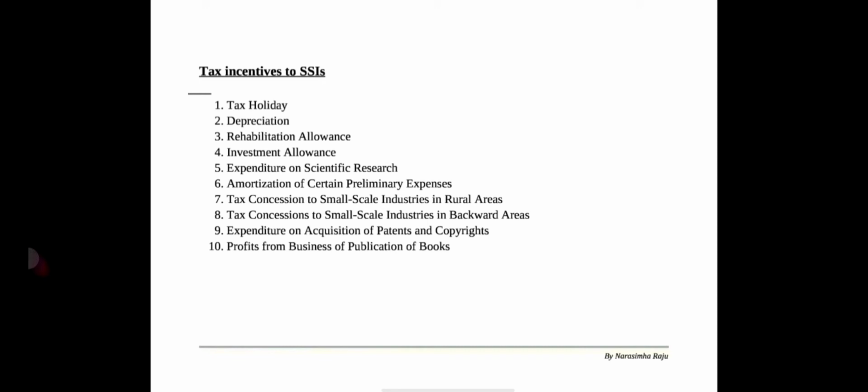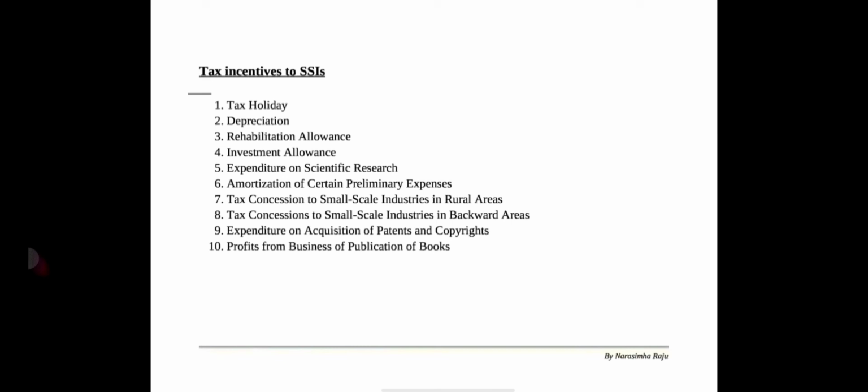Although the investment allowance has been made available for articles or things except certain items of lower priority, as per the schedule of the Income Tax Act 1961, a special dispensation has been provided for the plant and machinery installed in small-scale industries. In comparison with other industries, small-scale industries are at an advantage in claiming a deduction of investment allowance. A small-scale industry can avail of investment allowance provided it has put to use the machinery or plant either in the year of installation or in the immediately following year, failing which the benefit will be forfeited.